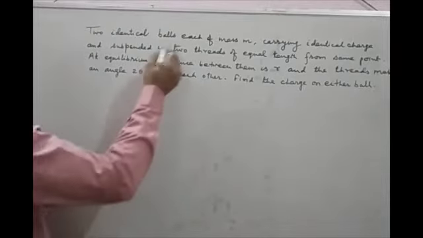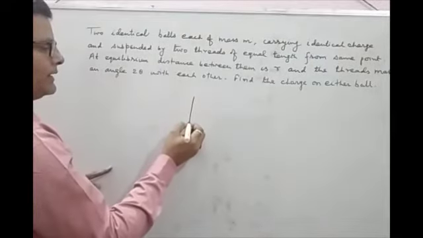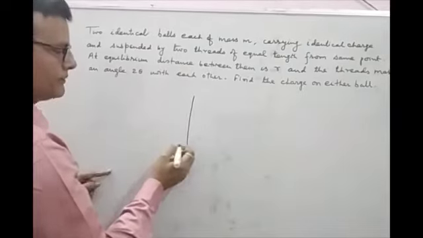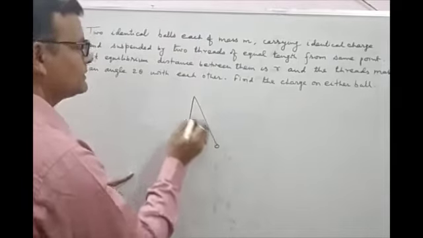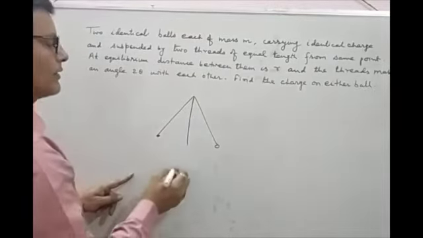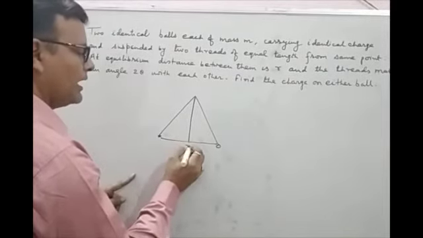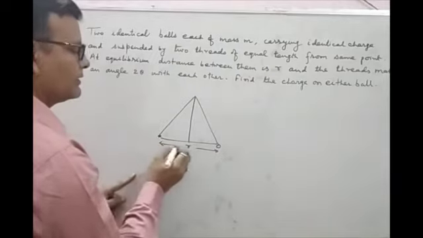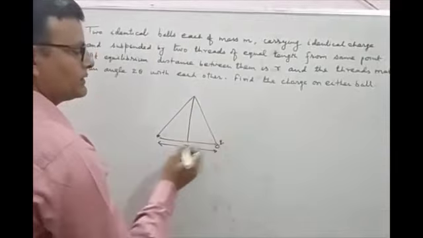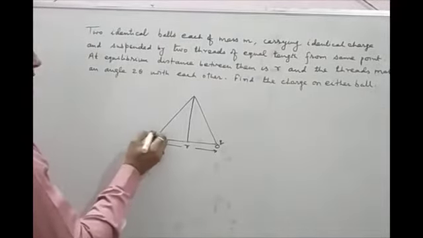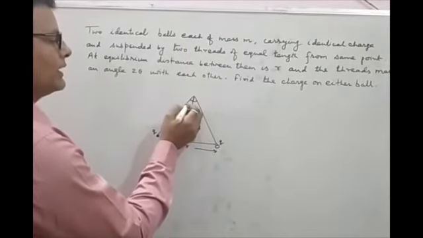When two balls carrying identical charge are suspended from identical threads, they must repel each other like this. The separation between them is given, r. Suppose the two balls have charge q on each, and the angle between the threads is 2 theta.